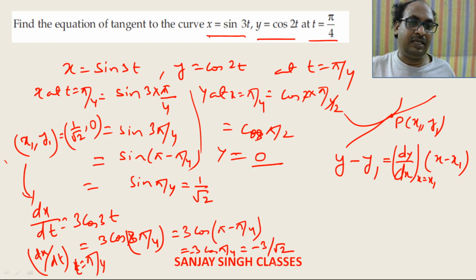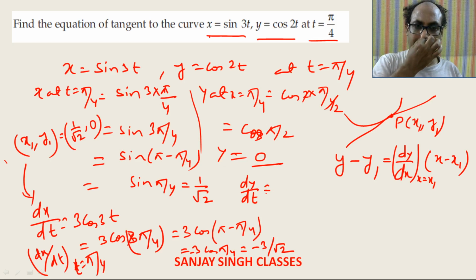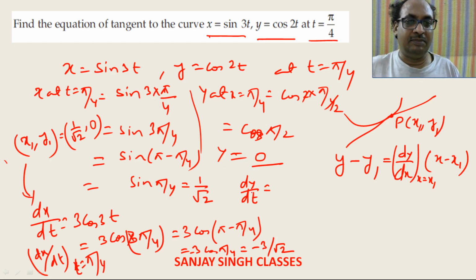And similarly we are going for dy by dt now. Dy by dt is equal to minus 2 sine 2t. Let me write properly.